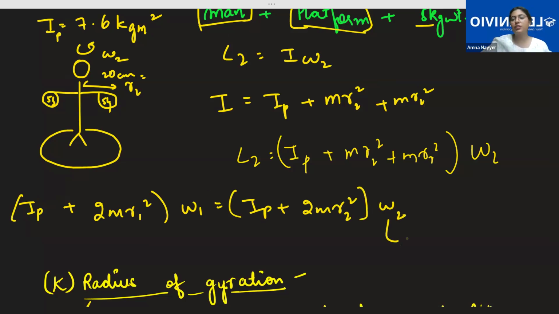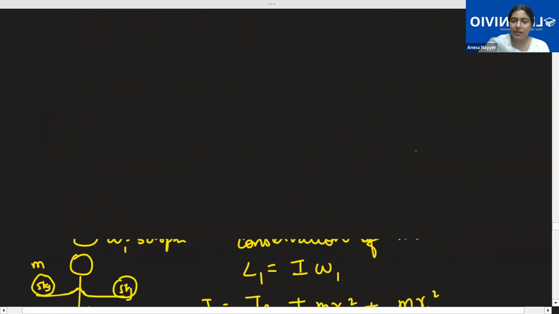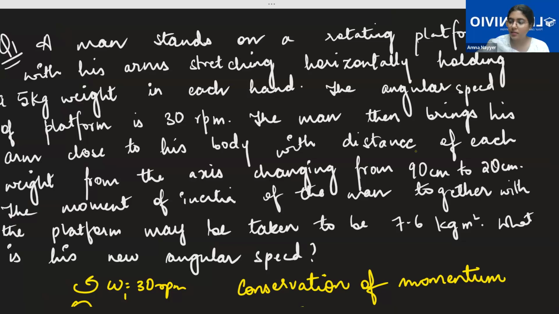See, everything is given. You just have to calculate omega 2. Tell me what answers you are getting, and write this question and try to understand. Nabila, have you understood? Yes, ma'am. Write it.